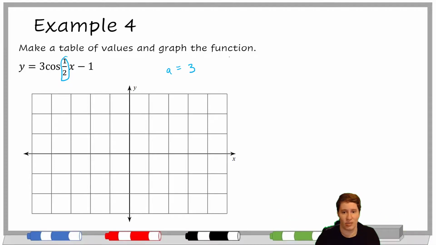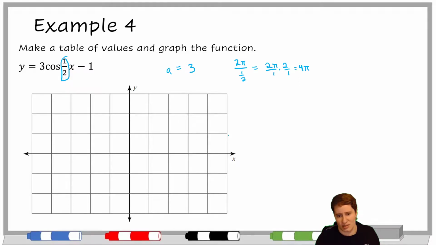Now, to actually figure out what that means for the period, we do 2 pi over a half. To divide by a fraction, we want to multiply by the reciprocal. So this gives us 4 pi. So instead of doing a whole cosine curve by 2 pi, it takes 4 pi to make that happen.